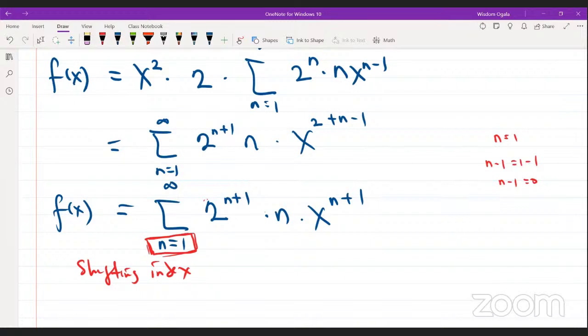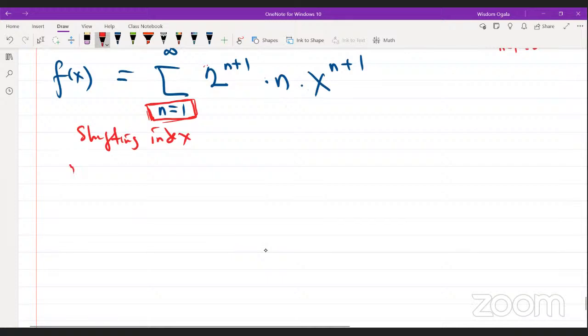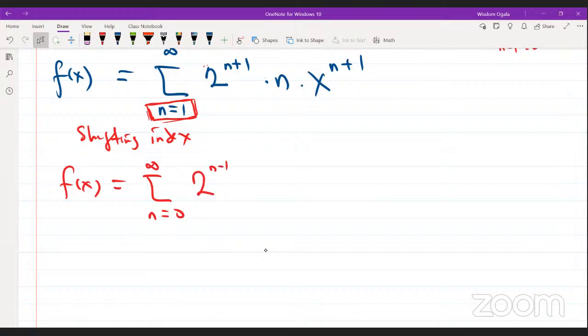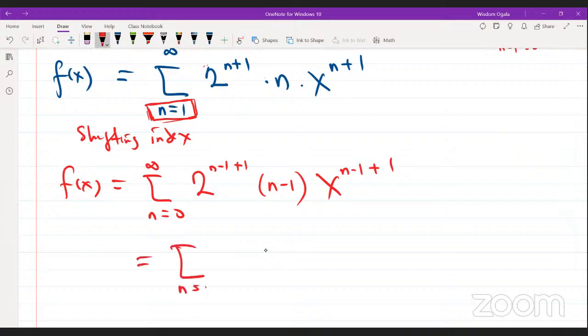So f of x is the sum from n equals 0 to infinity of 2 to the power of n minus 1, and then x to the power of n.